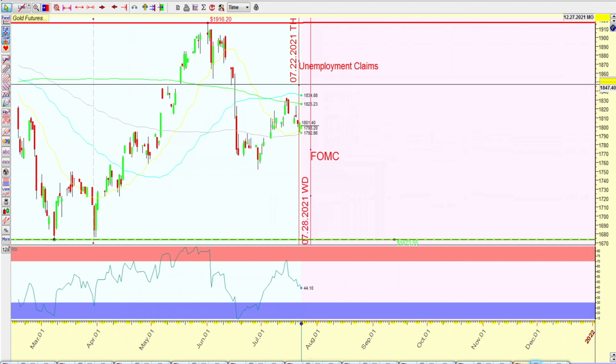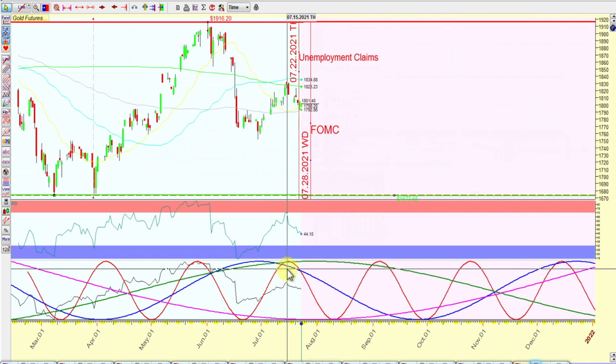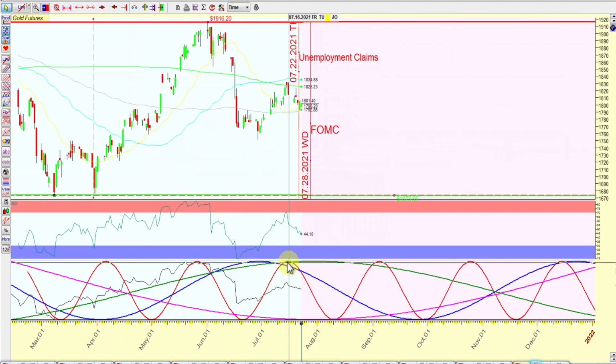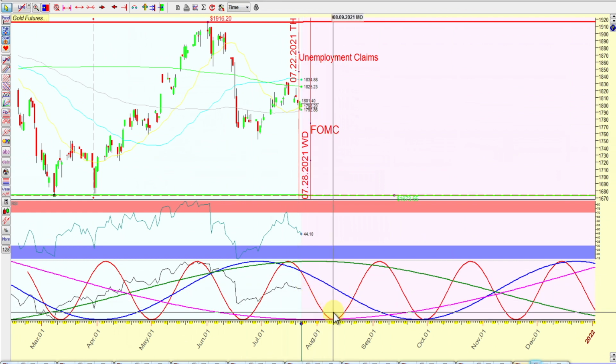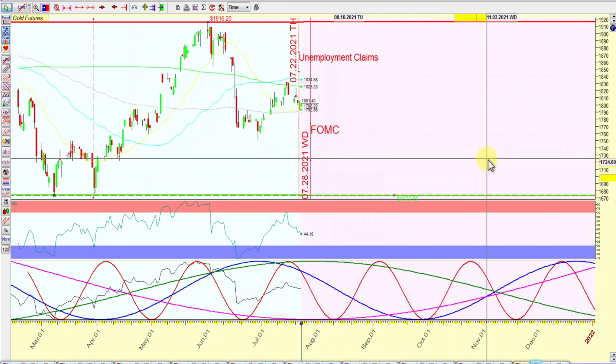I'm going to start out with the bearish view of what my indicators are showing. Let's start with the spectrum analyzer. You can see that this cycle is pointing lower, shorter time frame, all the way into like the second week of August.